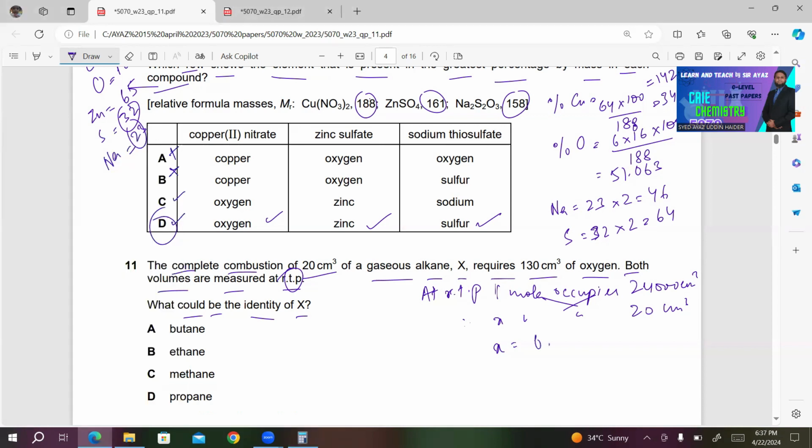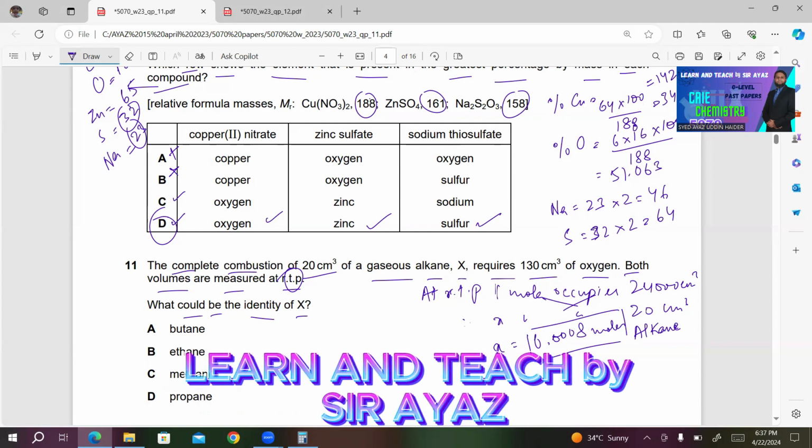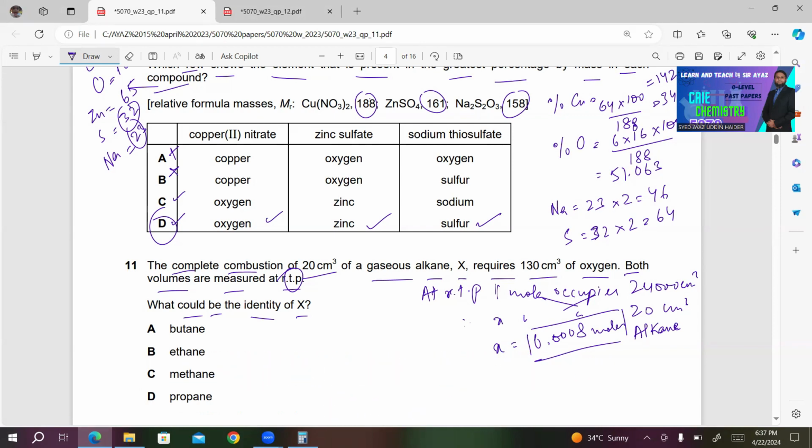So we are getting 0.0008 moles for the alkane. What about the other one, oxygen? For oxygen, the same logic is applicable, and this time I will divide 130 by 24,000 centimeter cube.